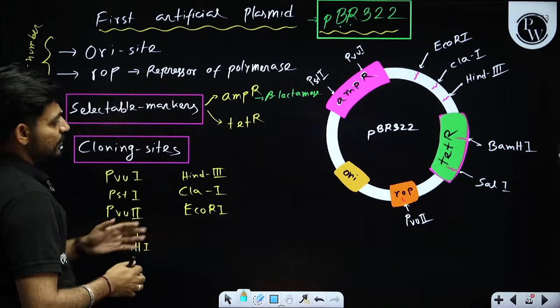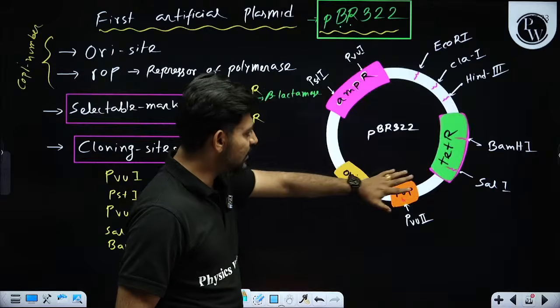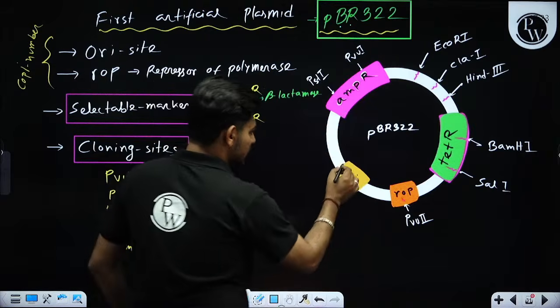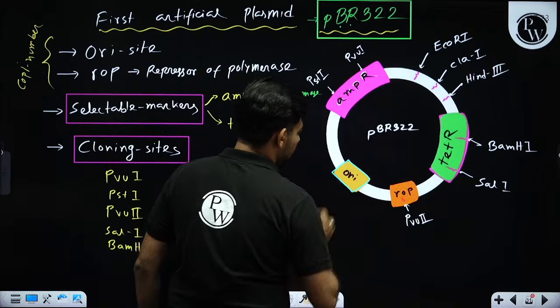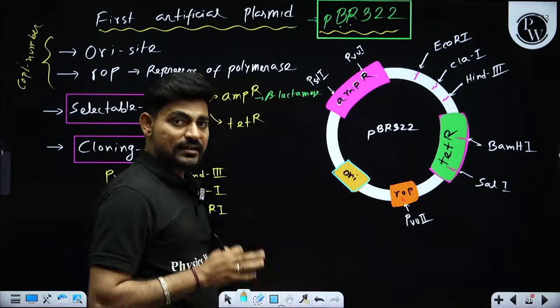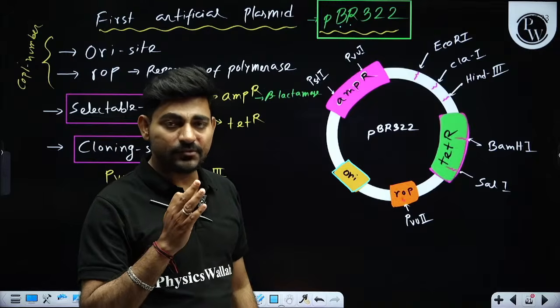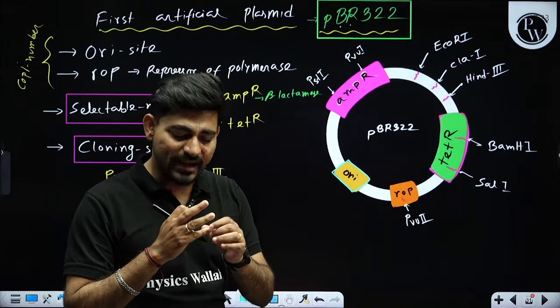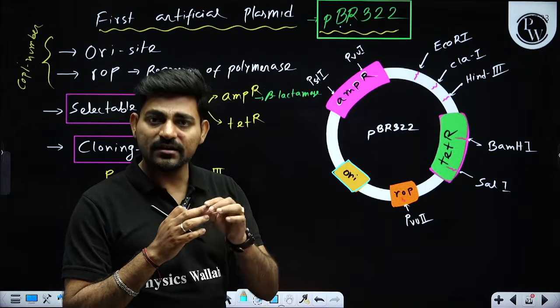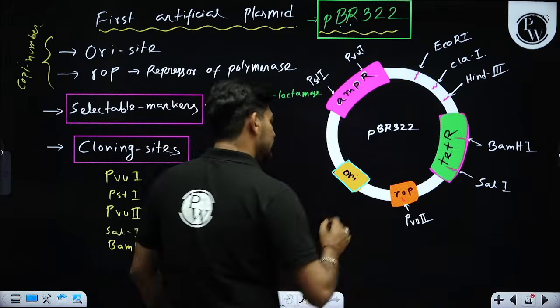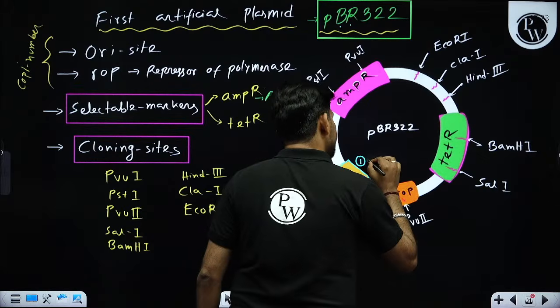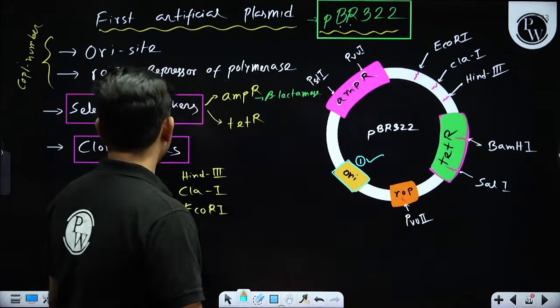Now, if you check this pBR322, the first thing you are observing is the presence of ori site. So, there are three criteria you have to fulfill: presence of ori site, presence of selectable marker, presence of cloning site. So, for pBR322 we got the first criteria, presence of ori site.